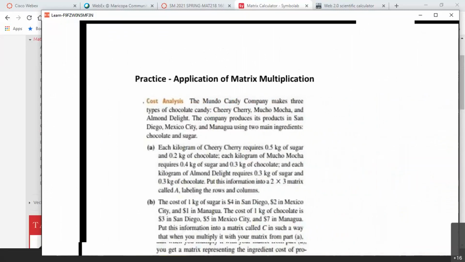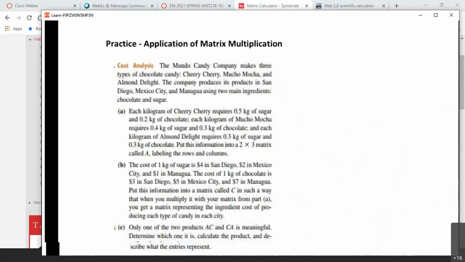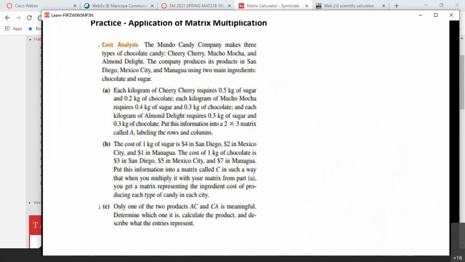But let's actually take a look at this problem. This is an application in cost analysis. Some of you who are familiar with using spreadsheets might remember seeing things like that with an Excel application.